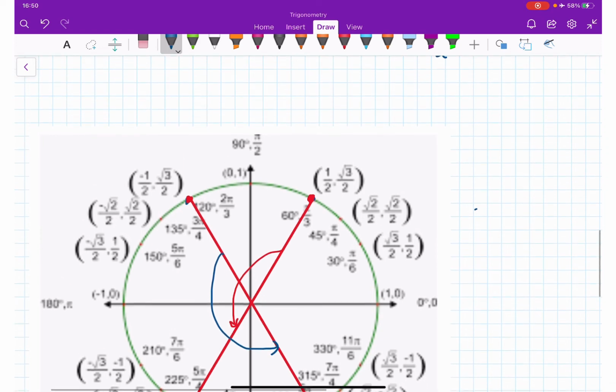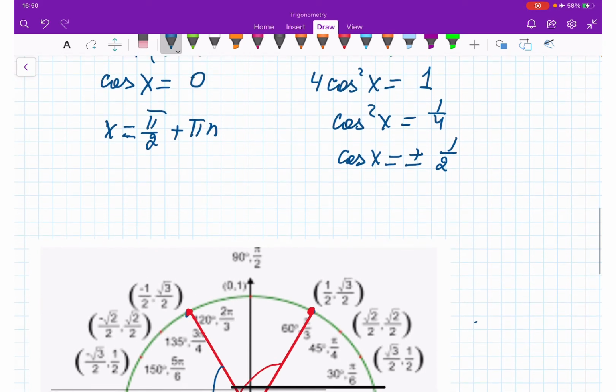Okay, so from here we will have x is equal pi over 3 plus pi n, and x is equal 2 pi over 3 plus pi n.